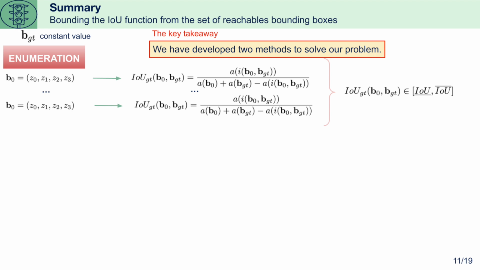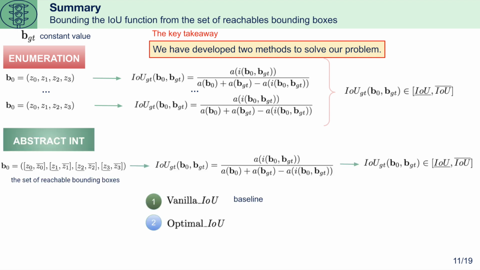In the enumerative approach, we compute bounding boxes for each image in the perturbation domain, calculate the IoU for each, and finally bound the IoU, and we obtained, for example, 0.22, 0.88.